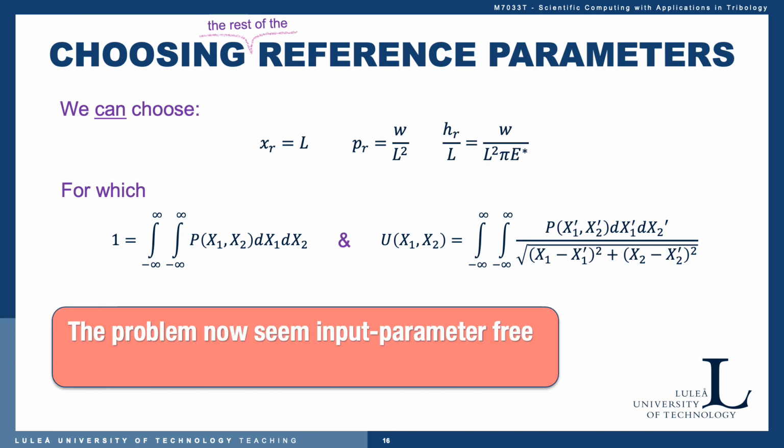So our contact mechanics problem now may seem to be input parameter free, but we have the gap between the undeformed surfaces, G, and this one may contain more inputs. Let's see how this may be in different cases.